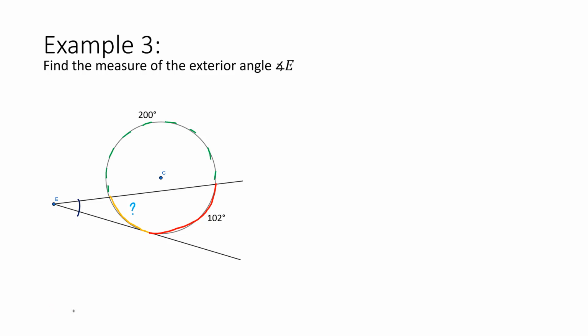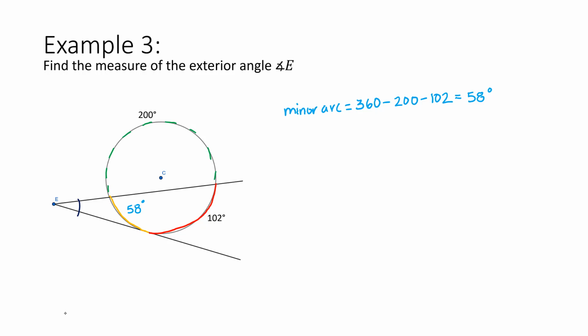And since only the minor arc is missing, we can find the minor arc by subtracting 200 and 102, which is the green arc and the red arc, from 360. So the minor arc equals 360 minus 200 minus 102. And that gives us 58 degrees.